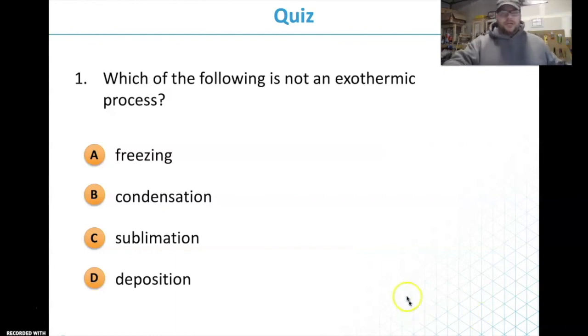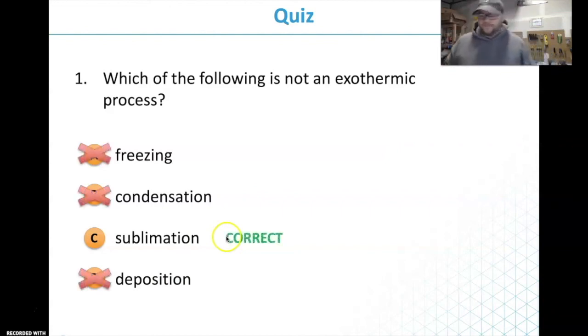This particular question is looking for what is not an exothermic process. So freezing is exothermic. Condensation is going from a gas down to a liquid, so it's cooling down. Sublimation, you're going from a solid straight into a gas. Solids are at low energy, gases are at really high energy, so it has to gain energy to get there, and that would be your answer.